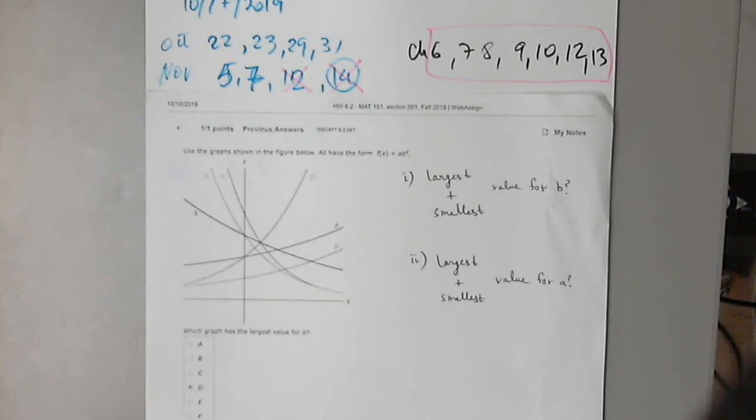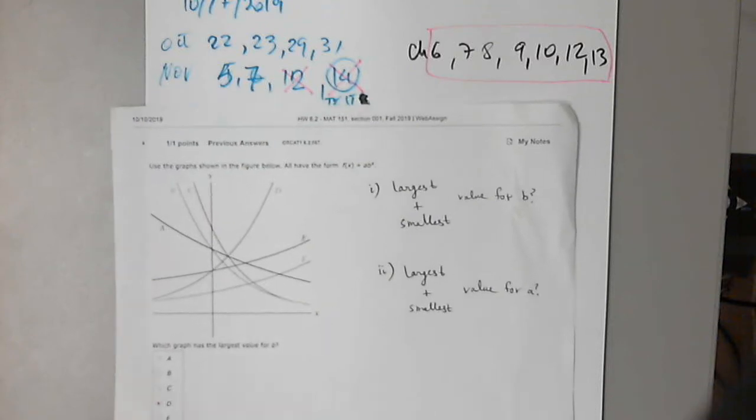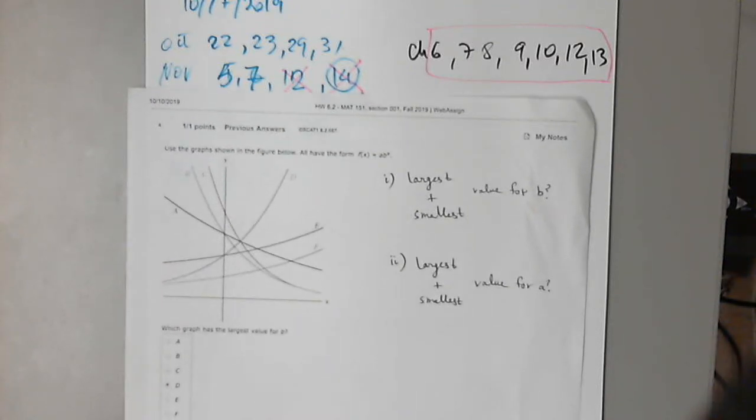So in this first question, which graph has the largest value for b? I will definitely choose the one that is closer to the y-axis. Is that clear? One more time. This has base 1.1.